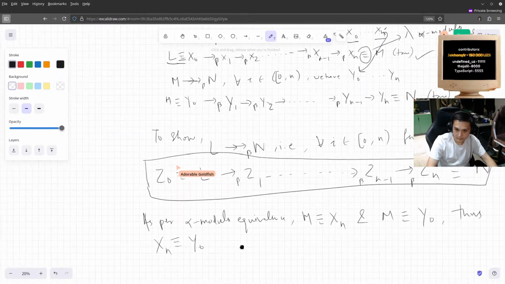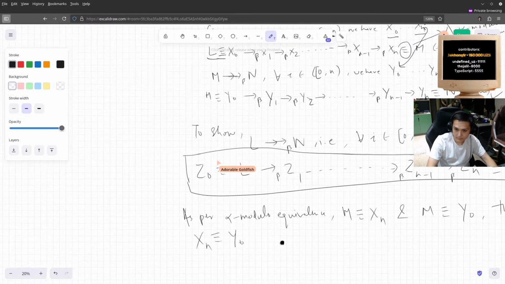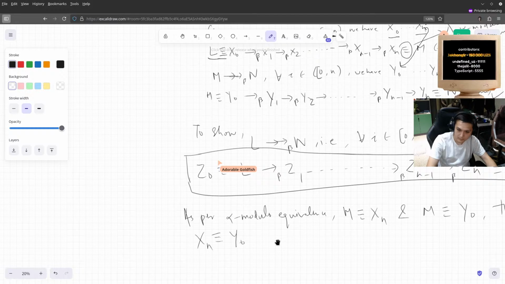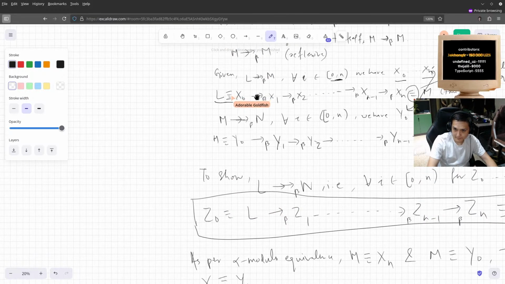Now if we take all of that into account, you see we're starting from z0, and everything that we're making equal is actually the same.